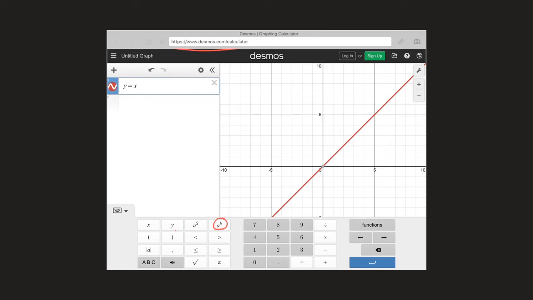If you punch that button in, it's going to put you up into a generic exponent, and I can now select 3 or 2 or 5 or any exponent that I want. Some people like to use the generic exponent button because then they just get to use it all the time. So there is us punching in a function.